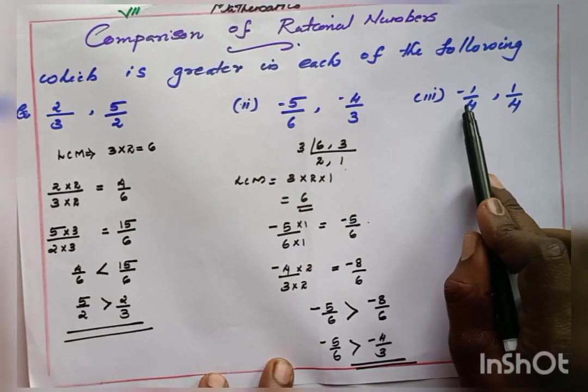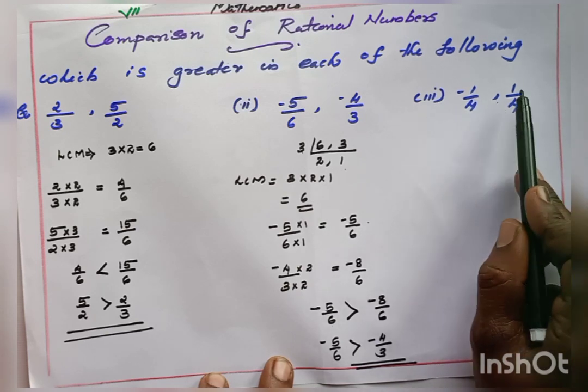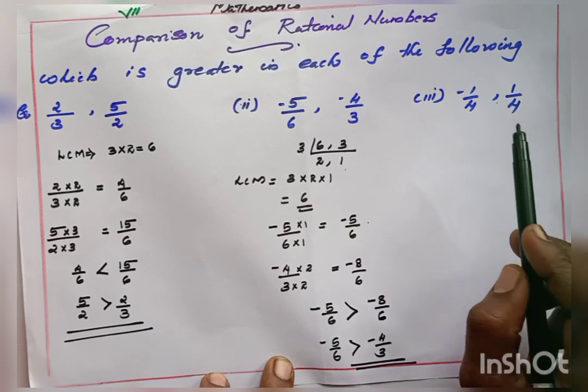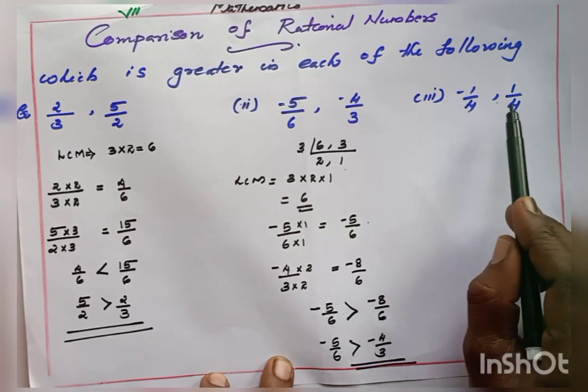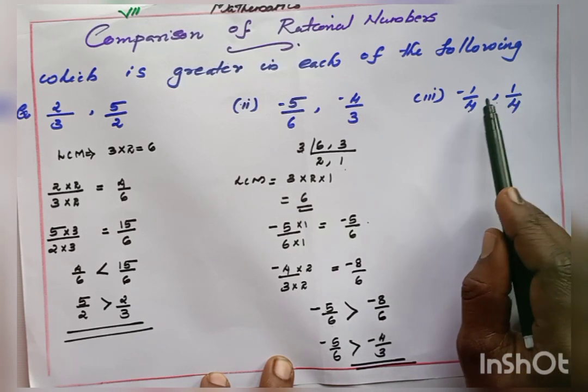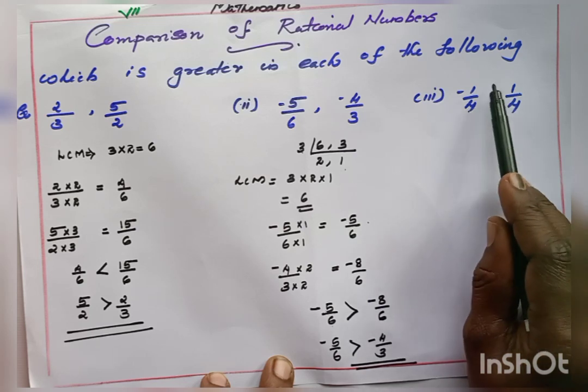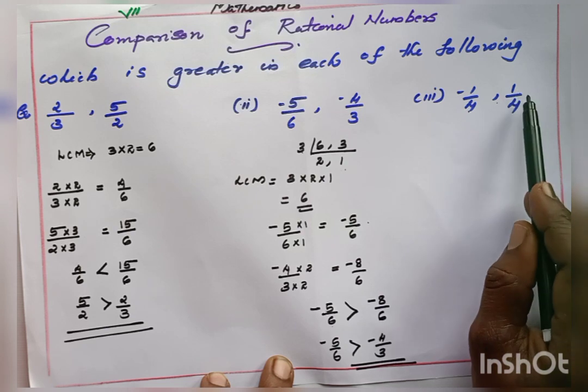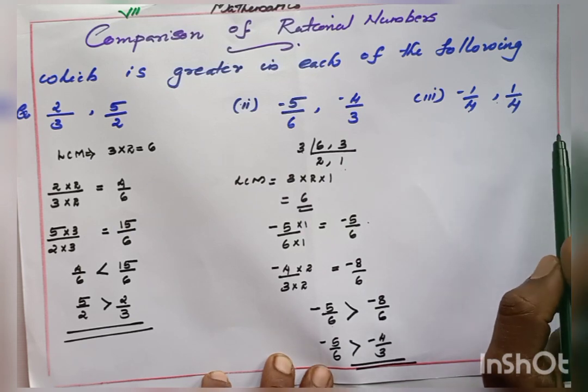Then listen to the third question, minus 1 by 4 comma 1 by 4. See, the denominator is the same. So this is a negative rational number and a positive rational number. When the denominators are the same, we compare the numerators. Which numerator is greater, that rational number is the greater rational number.